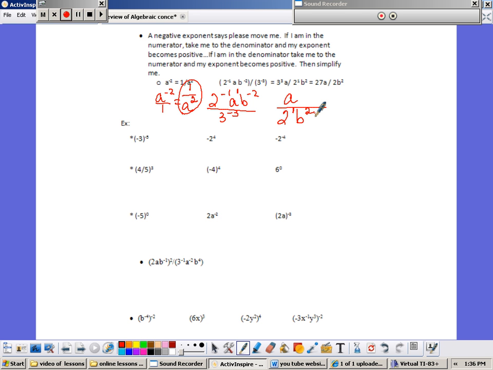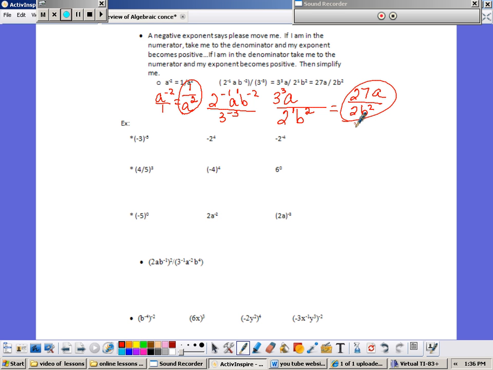I'll become positive. And 3 to the negative third on the bottom says, I'm in the wrong position, please move me, and I become positive. So on the top, I have 3 to the third, which is 27a, over 2b squared. So all we're doing is moving with the negative exponents.